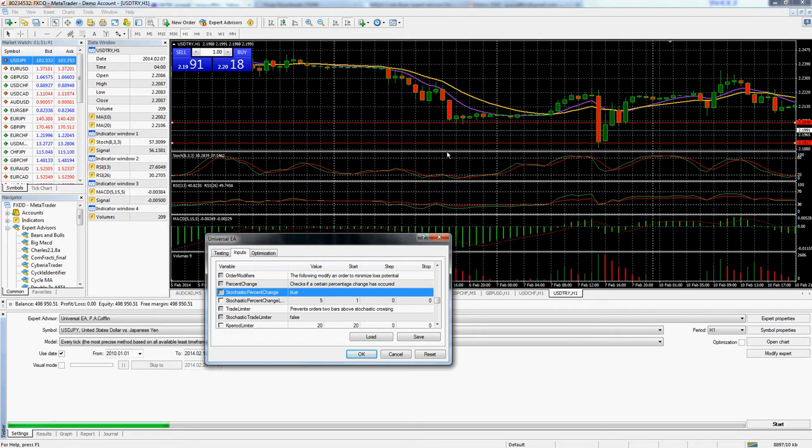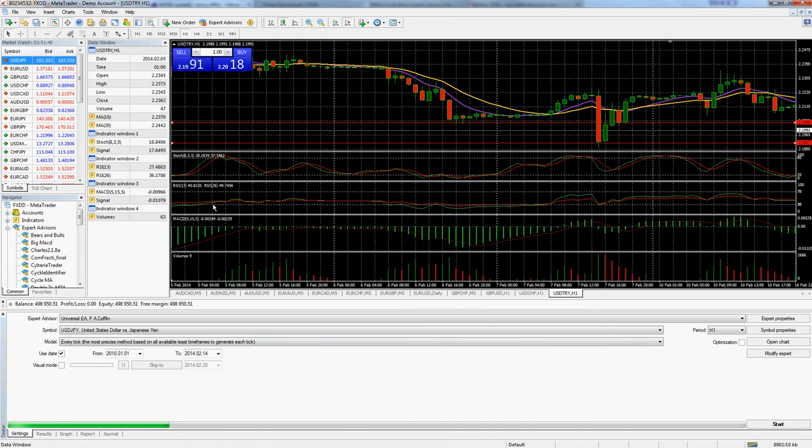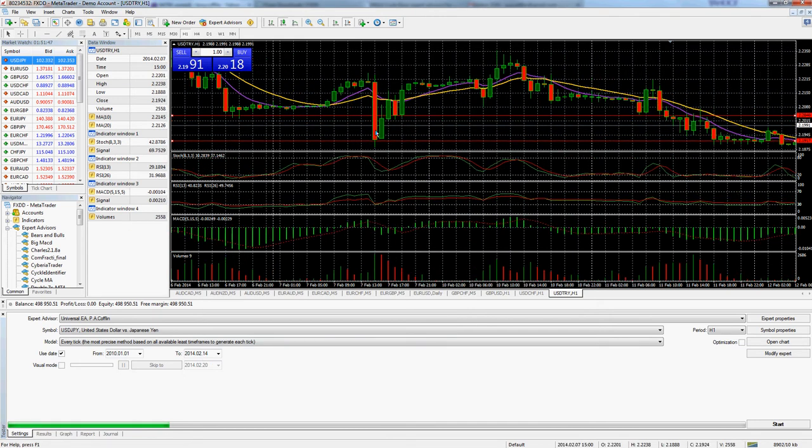Stochastic change is just a change from one stochastic to the next. If you look at the data window, you can see stochastic here is at 33.40. The next one is 37, so that's an increase of almost 4.